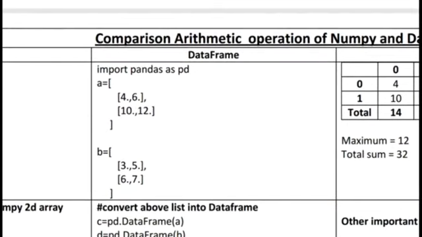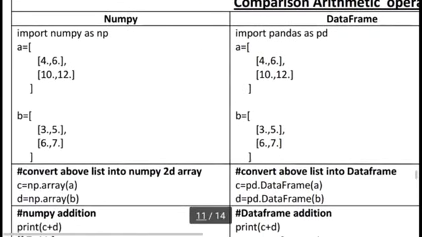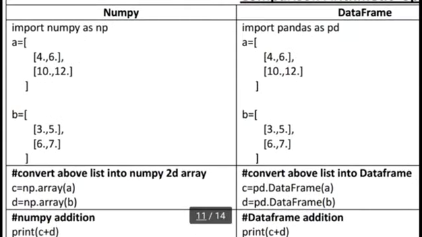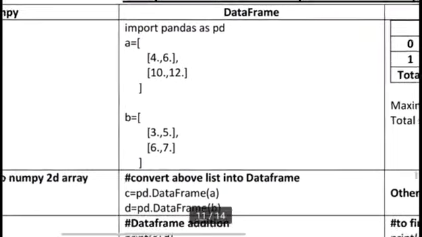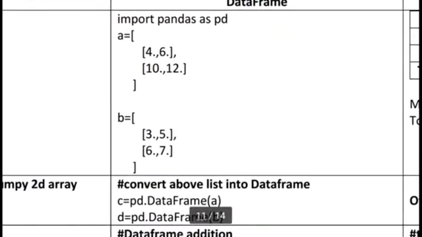This data is a list and sublist, but this list data will be converted into a 2D array, and this data will also be converted into a data frame.